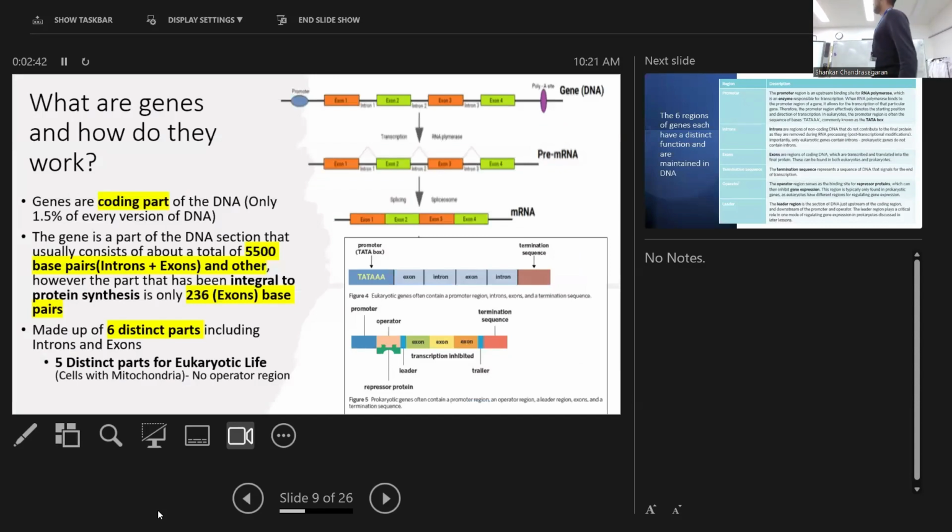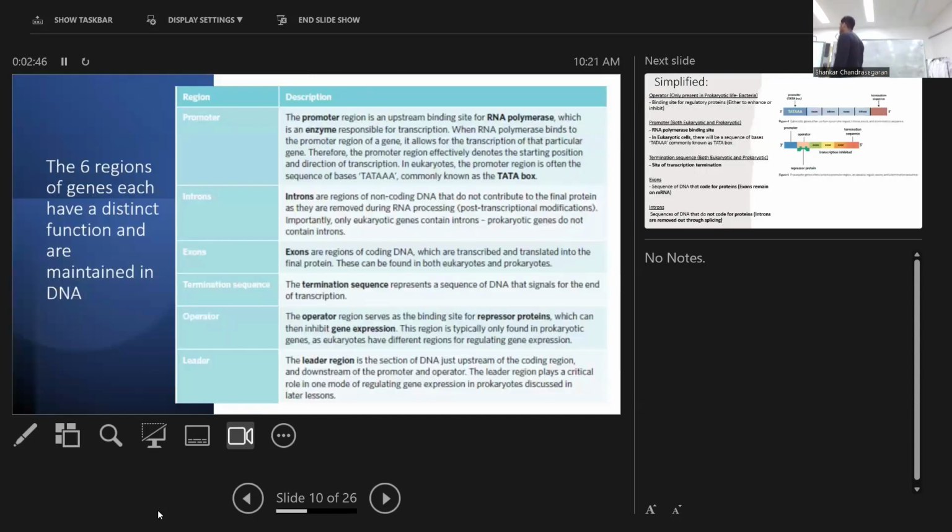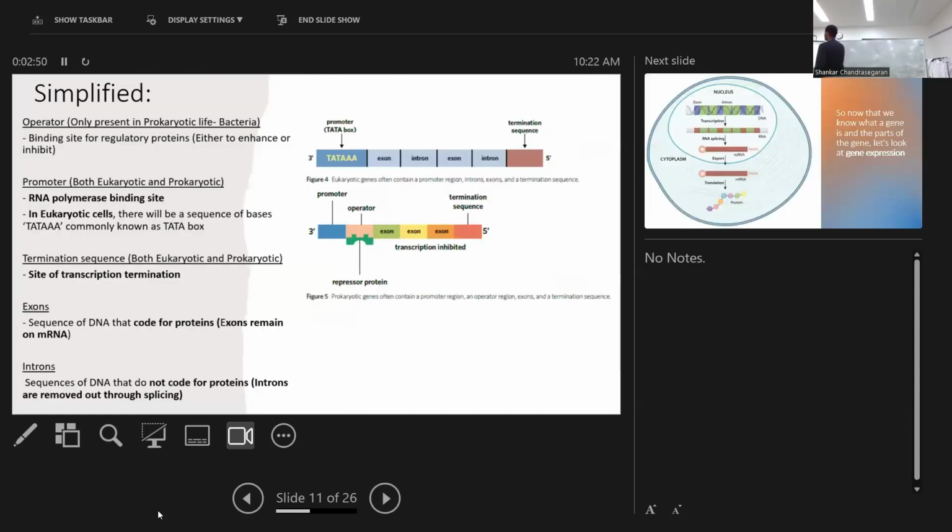Next, there are certain parts of a gene that you need to be well aware of. The most important ones are the operator, promoter, termination sequence, exons, and introns. Make sure you're aware that the operator is only present in the prokaryotic life, which are bacteria and other archaea. Whereas with the promoter and termination sequence, it's present in both prokaryote and eukaryote.